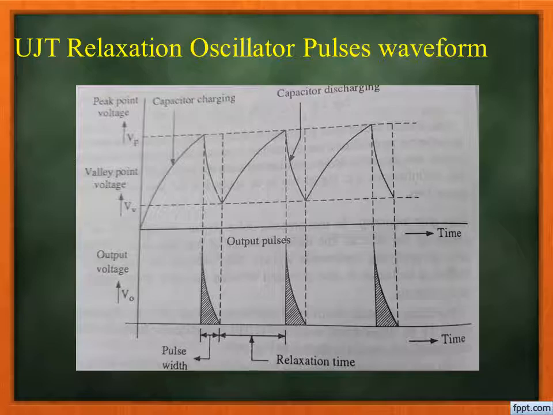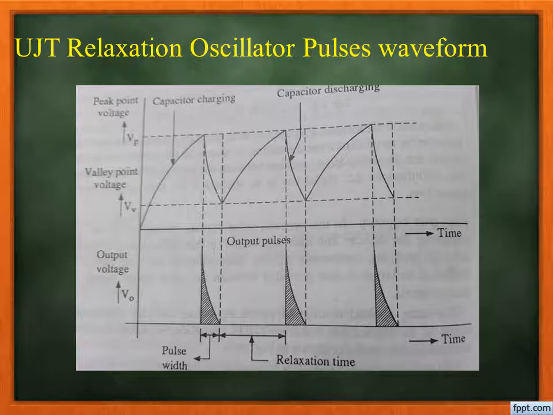The charging and discharging of the capacitor C and the train of low width pulses produced at the output of UJT across the resistor R1 is shown through this waveform. From this figure again it is clear that the output pulses have very small widths.